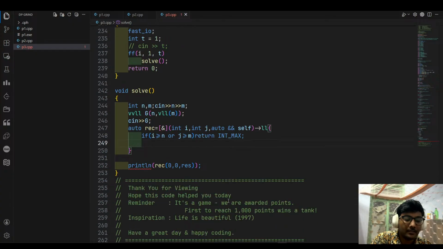Okay, this is understood. Now, we also have to consider the right move and the down move.